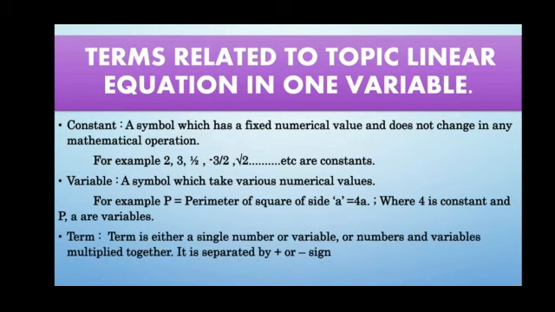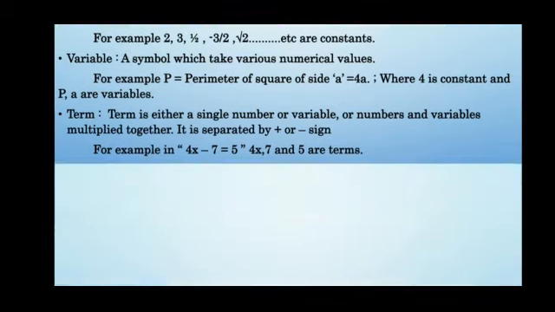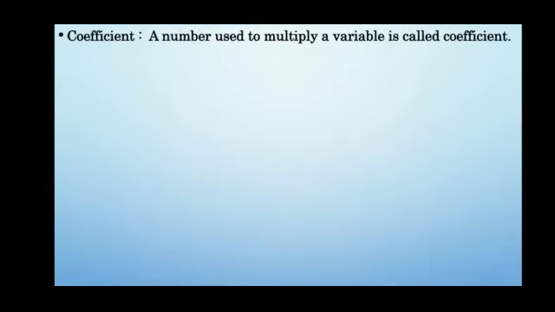Term is either a single number or variable, or numbers and variables multiplied together. It is separated by plus or minus sign. For example, 4x minus 7 is equal to 5: 4x, 7 and 5 are terms. Coefficient.